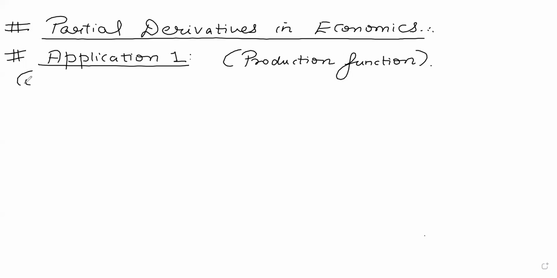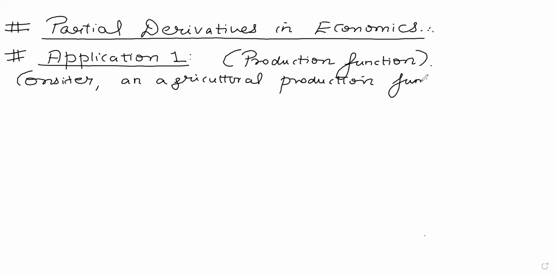So consider an agricultural production function, which is given to us as output is a function of capital, labor, and land.